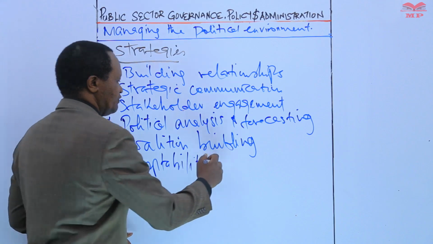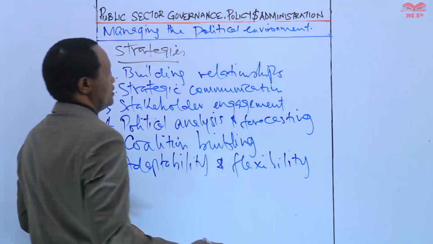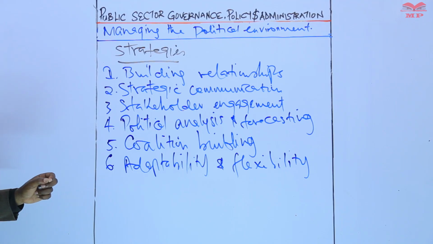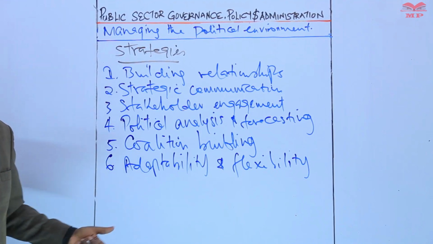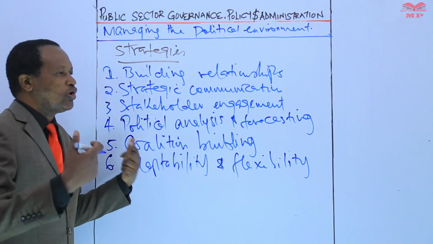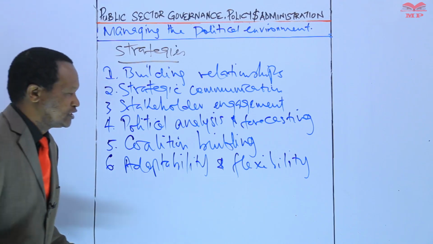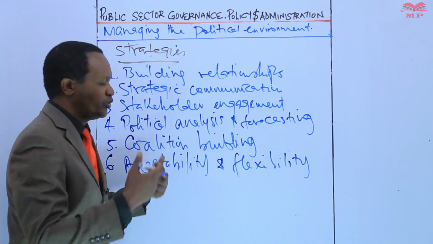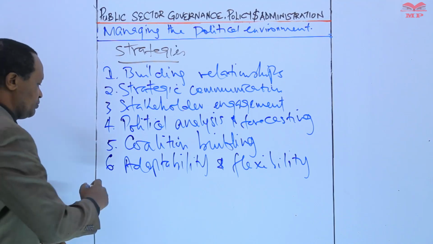Adaptability and flexibility is a strategy that can help public administrators to manage the political environment, because the political environment is constantly evolving, and therefore public administrators must change with this change that happens in the political environment.